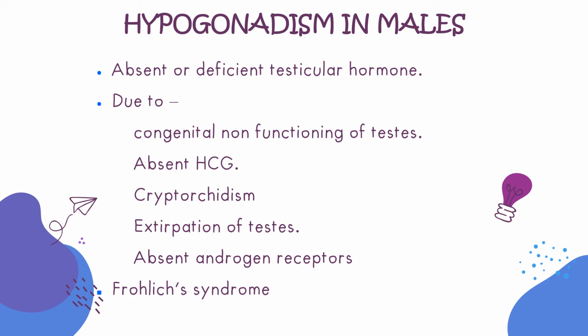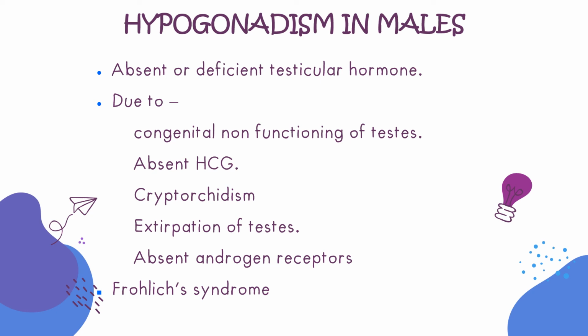Froehlich syndrome, also known as adiposogenital syndrome or hypothalamic eunuchoidism, refers to the hypogonadism which occurs due to hypothalamic disorders, pituitary disorders, or genetic inability of the hypothalamus to secrete luteinizing hormone releasing hormone, or gonadotropin releasing hormone.